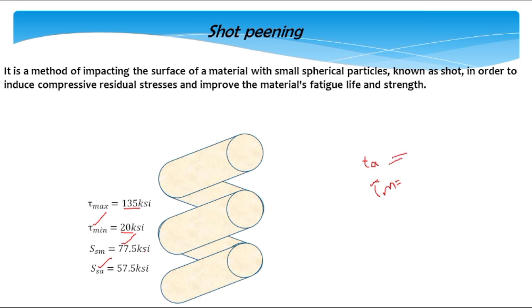Since these two values are for a factor of safety equal to 1, we can say that this is the mean strength component of the spring, and this is the alternating strength component. So whatever you did in the previous slides for the unpeened spring, do the same for the peened spring.